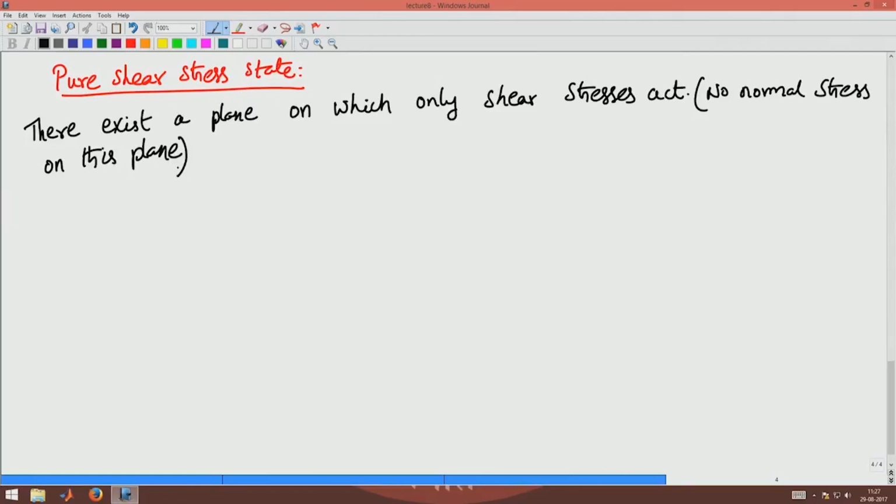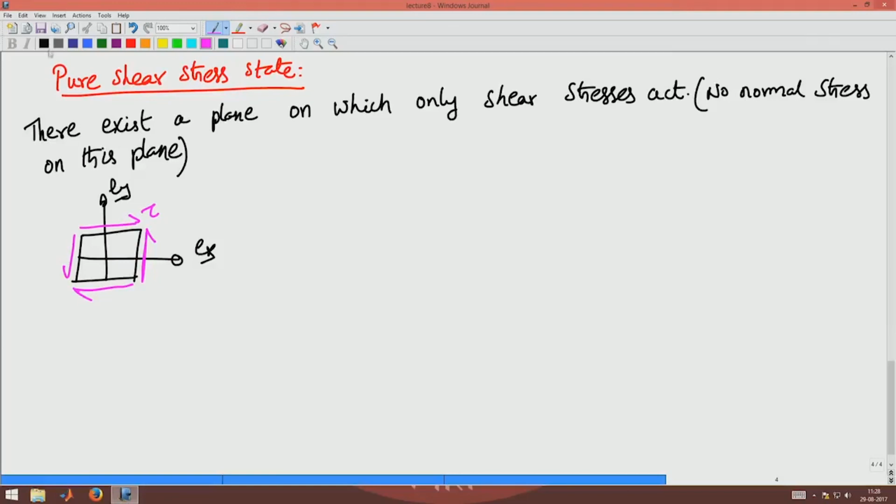So, what does this mean? It means, if I take, let us assume, ex, ey, and let us draw the stress cube. In the stress cube there is only tau acting, there are no normal stresses on this plane, there is no sigma xx or sigma yy.